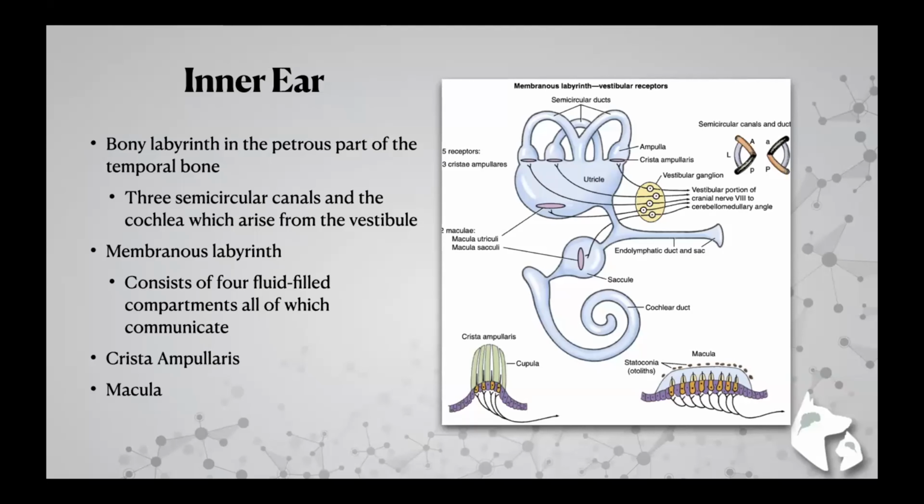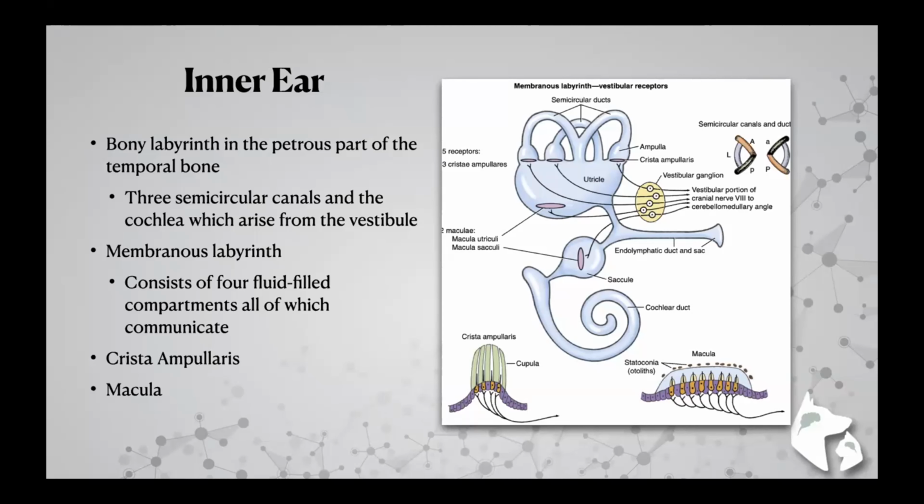And this is involved in dynamic equilibrium, so particularly rotation of the head. This organ is made up of specialized cells called hair cells, which have 2 different types of hairs on them.